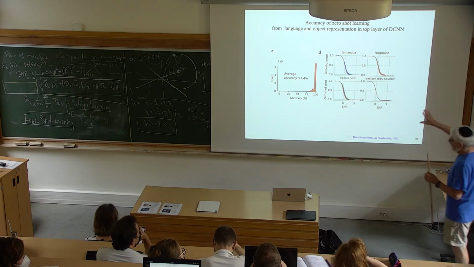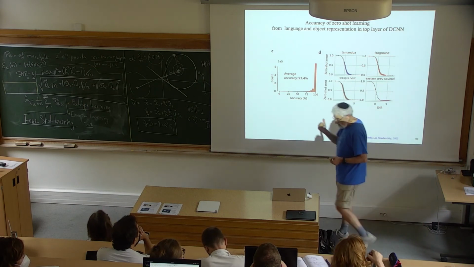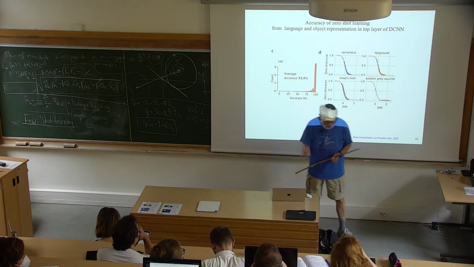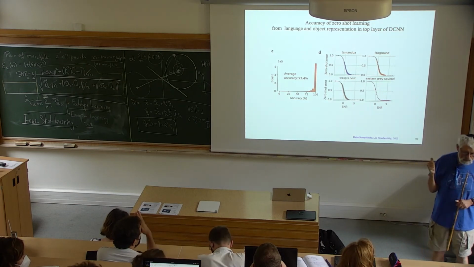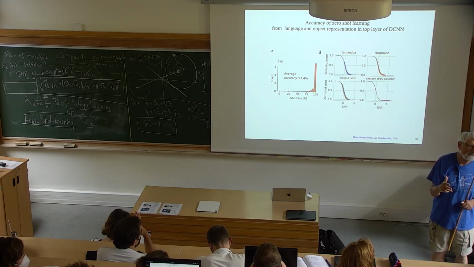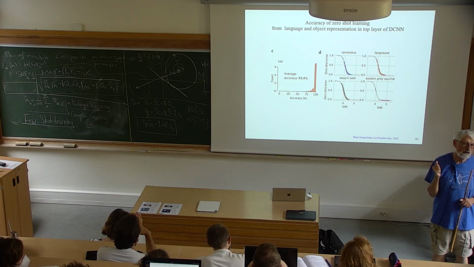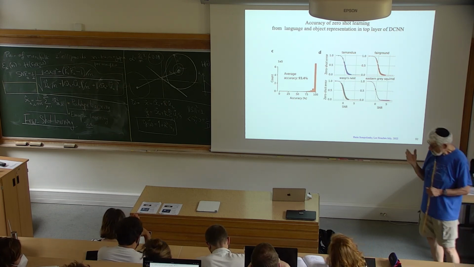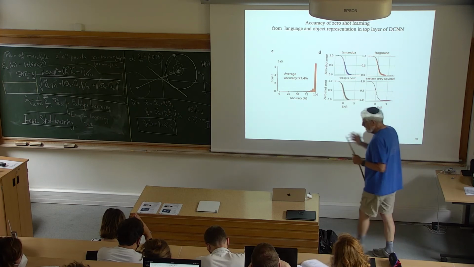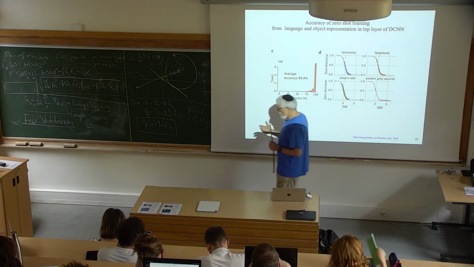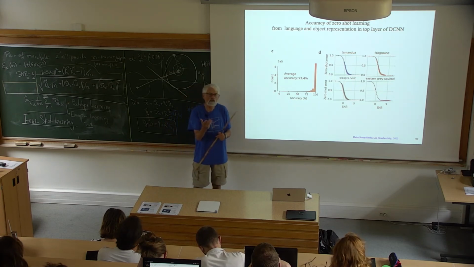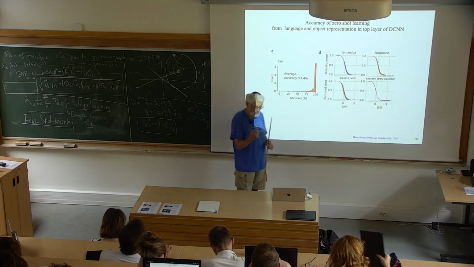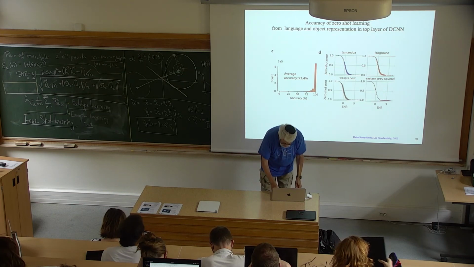Furthermore, Ben has done this type of exercise also on self-supervised training, where you don't use any labels, and finds that similar generic object representations appear there too.